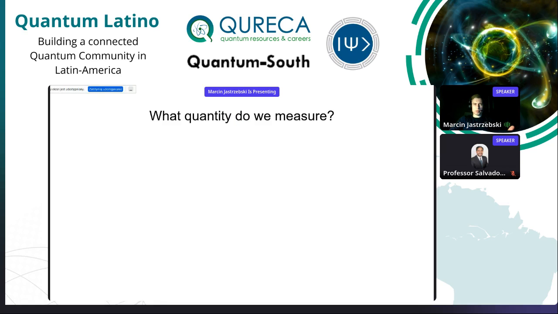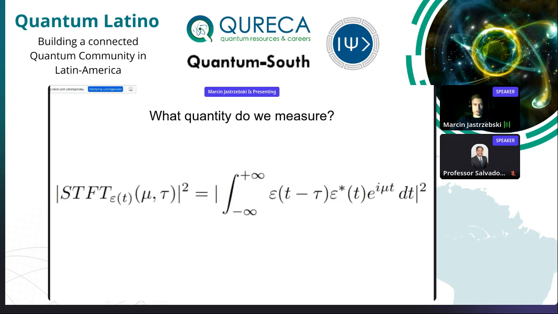The quantity that we measure is the absolute value squared of a quantity called the short time Fourier transform. It's basically an integral of those epsilons, the amplitudes of the electric field. As you can see, one of them is shifted in time, and the shift is tau, and the other is shifted in frequency, mu.